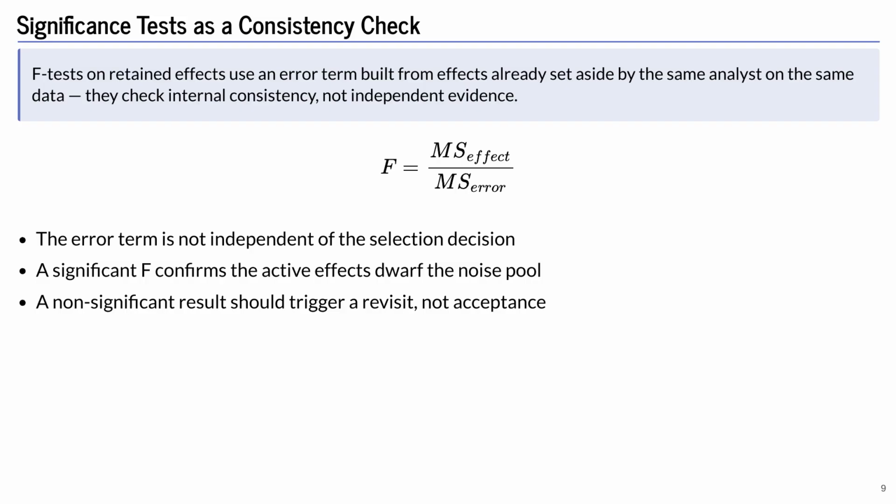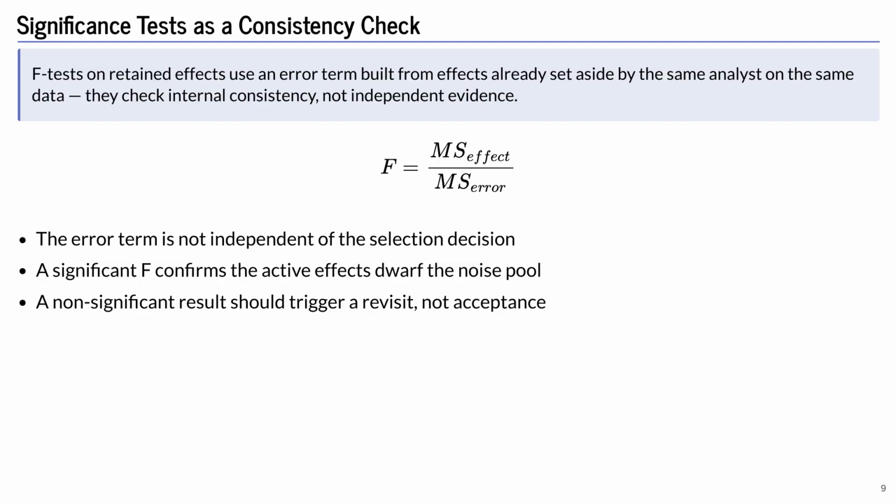Here, that is not the case. The error term was built from effects that the same analyst, looking at the same data, judged to be negligible. The F-tests are therefore circular in a precise sense. The denominator was constructed by setting aside effects that looked small, and the numerator contains effects that looked large.